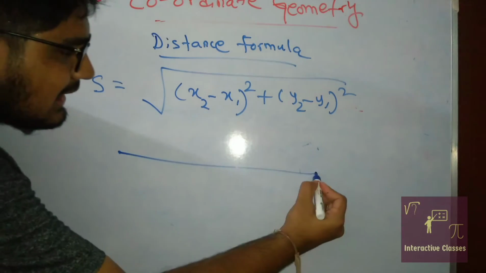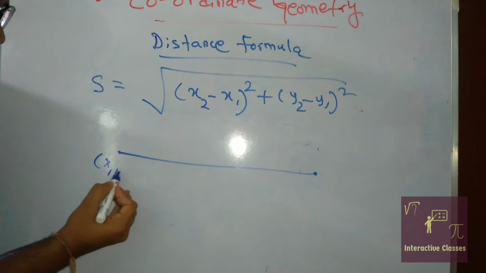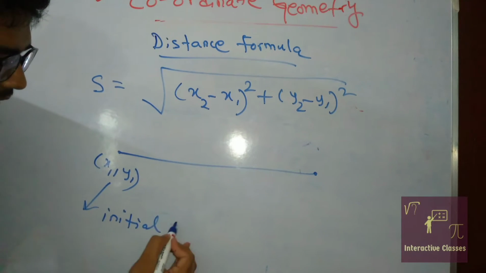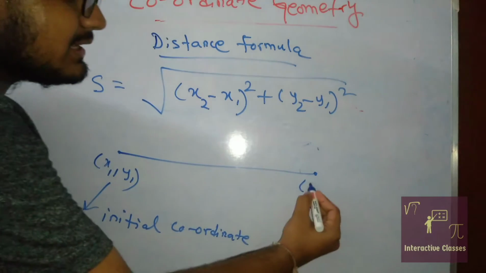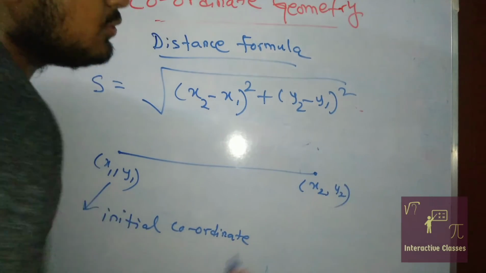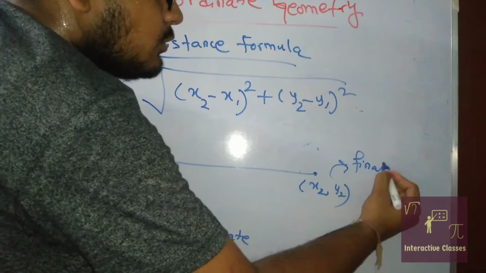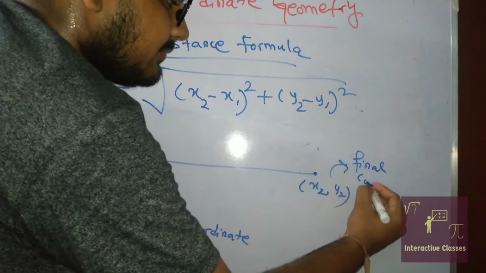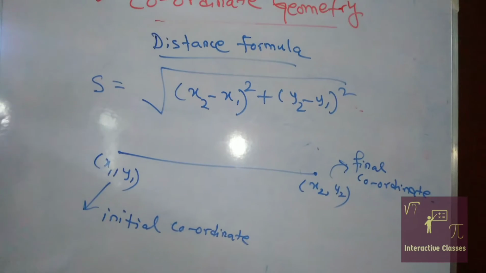Suppose a line is there like this. This is a line, and this is x1, y1, the initial coordinate, and this is x2 comma y2, which is my final coordinate.